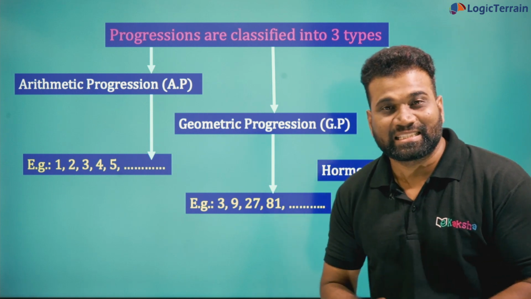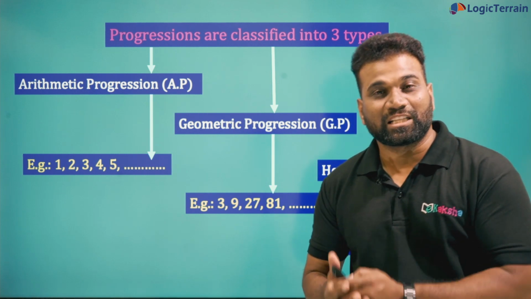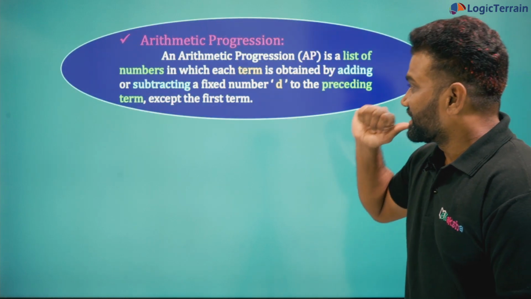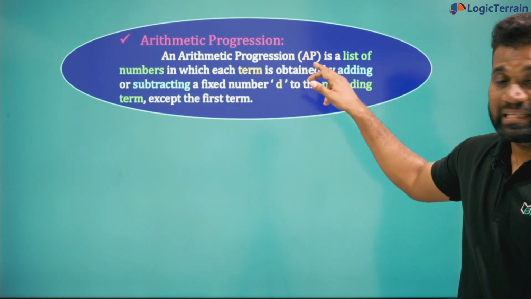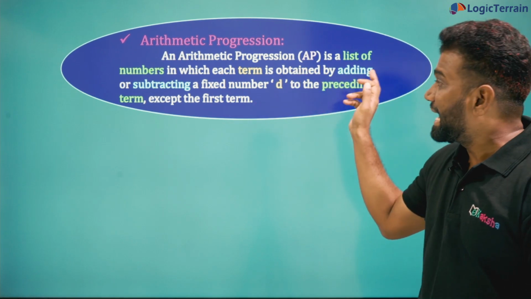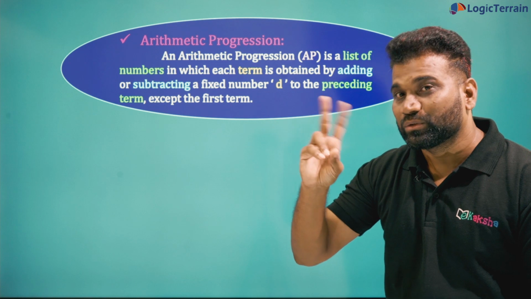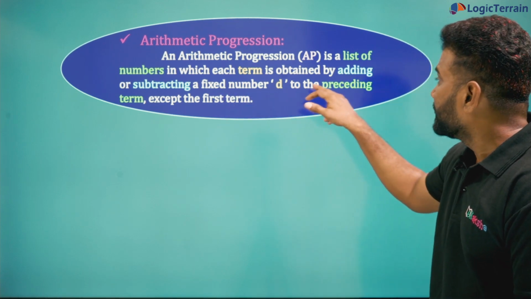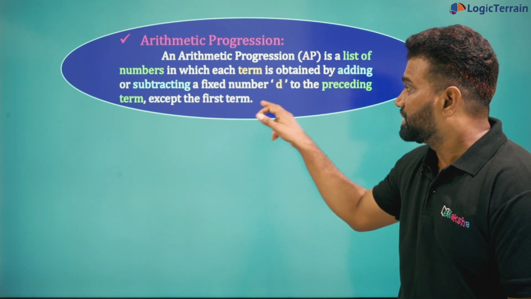So, let's discuss more deeply about arithmetic progressions and their applications. Arithmetic progression. An arithmetic progression, AP, is a list of numbers in which each term is obtained by adding or subtracting, only 2 things, okay? Adding or subtracting a fixed number d to the preceding term except the first term.